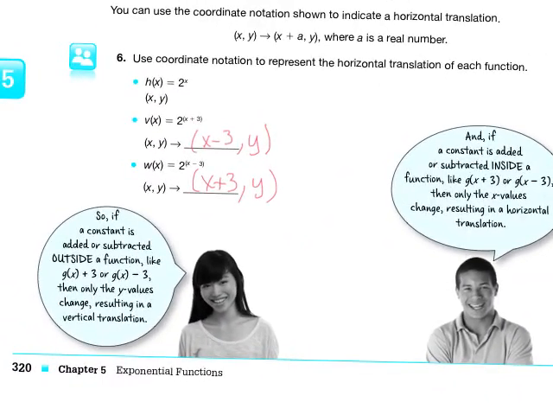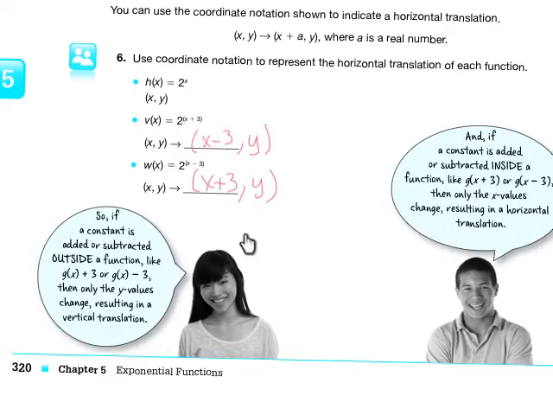Now let's read what these guys have to say. So if a constant is added or subtracted outside of a function, like g of x plus 3 or -3, then only the y values change, resulting in a vertical shift. So basically, if the number is added outside of the function, it goes up and down. This gentleman says, if a constant is added or subtracted inside the function, then the x values change, resulting in a horizontal translation.